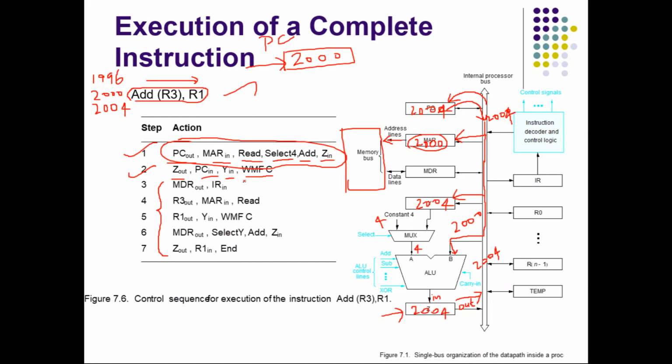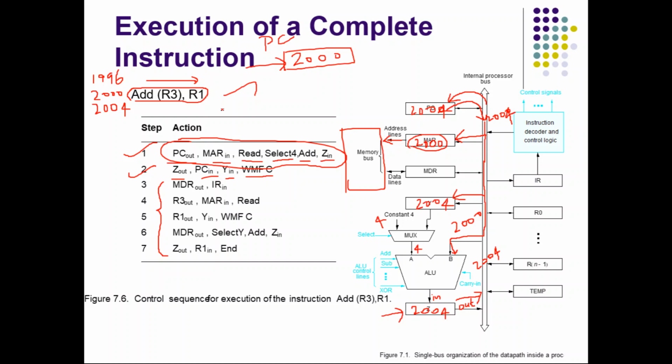So here we are giving this instruction WMFC, wait for memory function complete, let it wait till then. If the memory function is completed, it is fine. Otherwise the CPU will wait. Obviously after some time the memory function will be completed. For which memory function are we waiting? To fetch this instruction from location 2000.